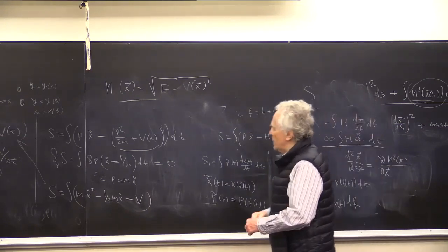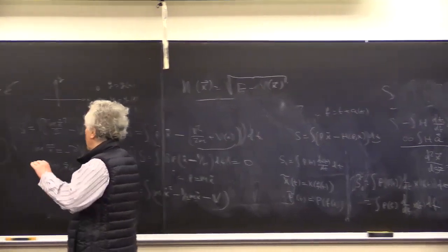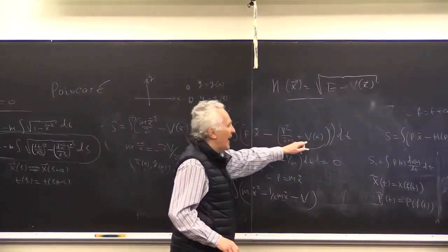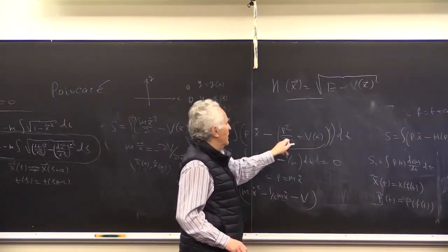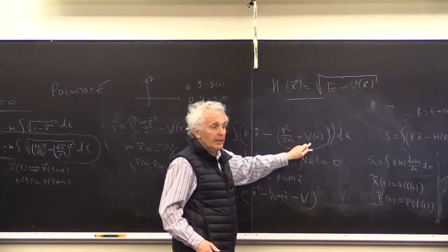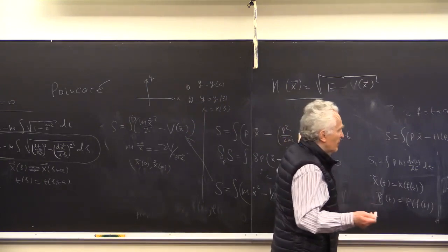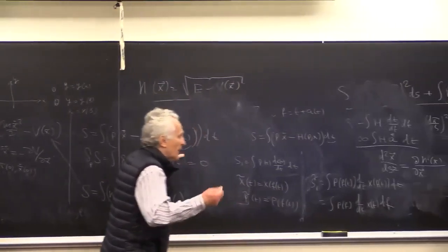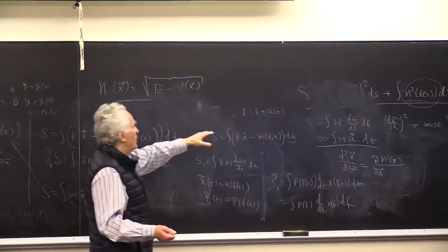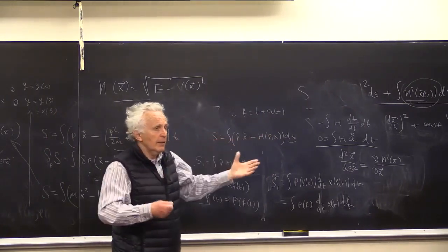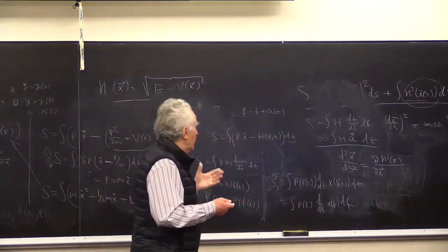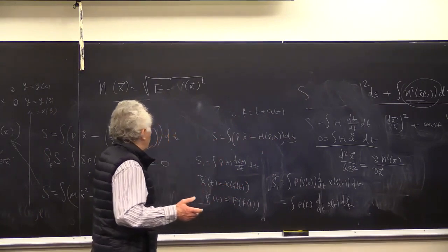So it was not a coincidence that we got here the sum of kinetic and potential energy. It's only in very special systems that you can separate kinetic and potential energy. Generally, it's some function of p and x, and it does not really split into these two pieces.